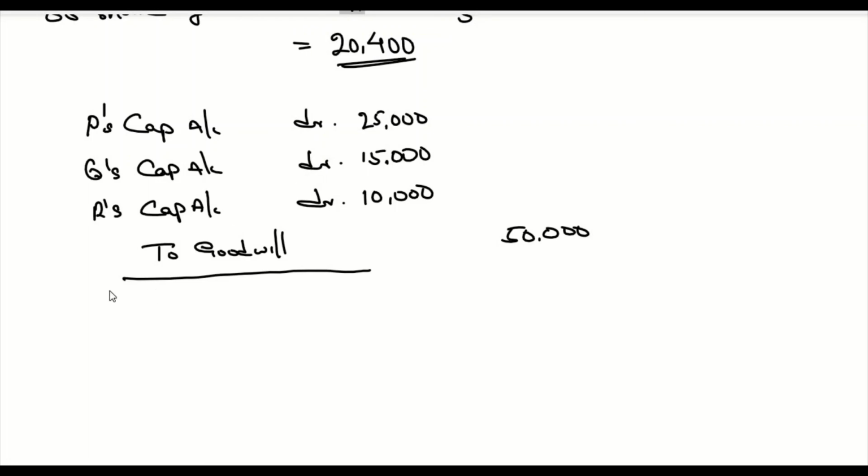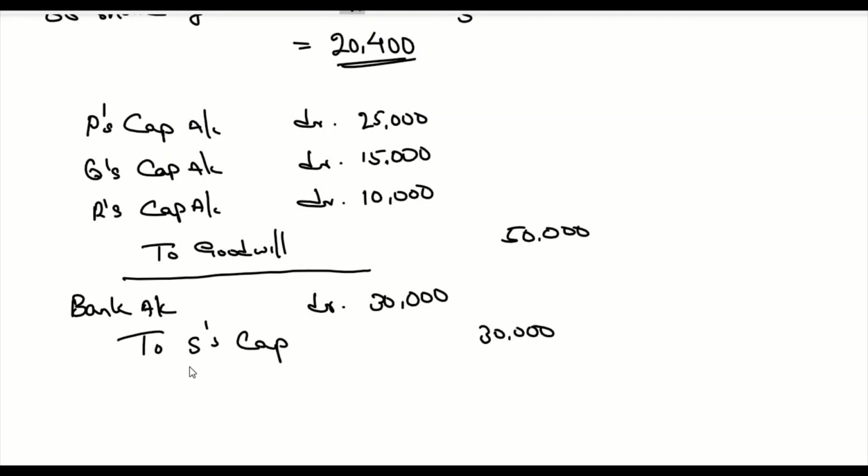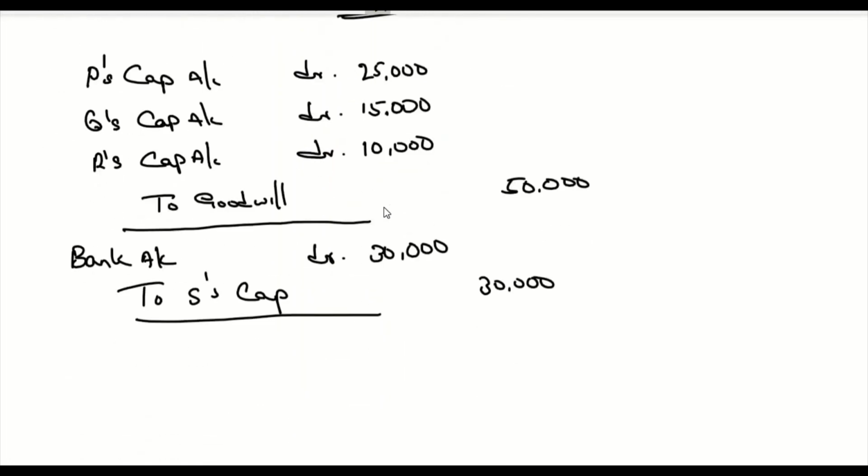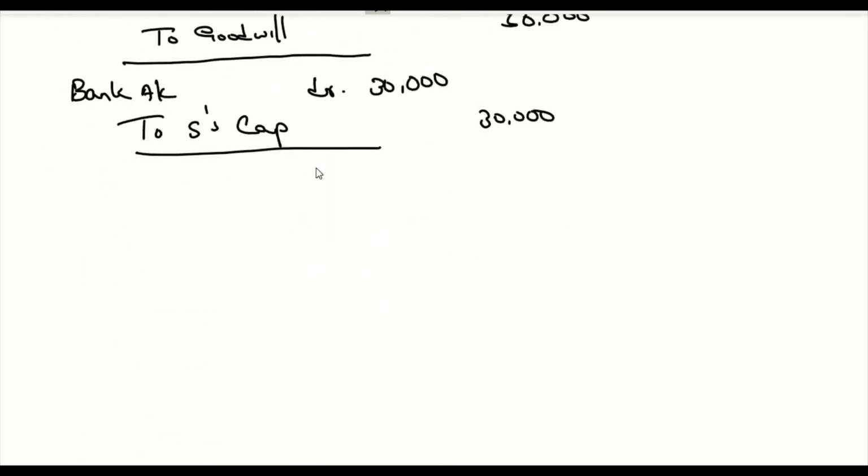So that is done. Now the new partner brings in his capital. So bank account debit 30,000 to S's capital 30,000. Now we calculate the goodwill that the new partner has to bring, which is 20,400, but he is not bringing it in cash. So what is the journal entry for that?